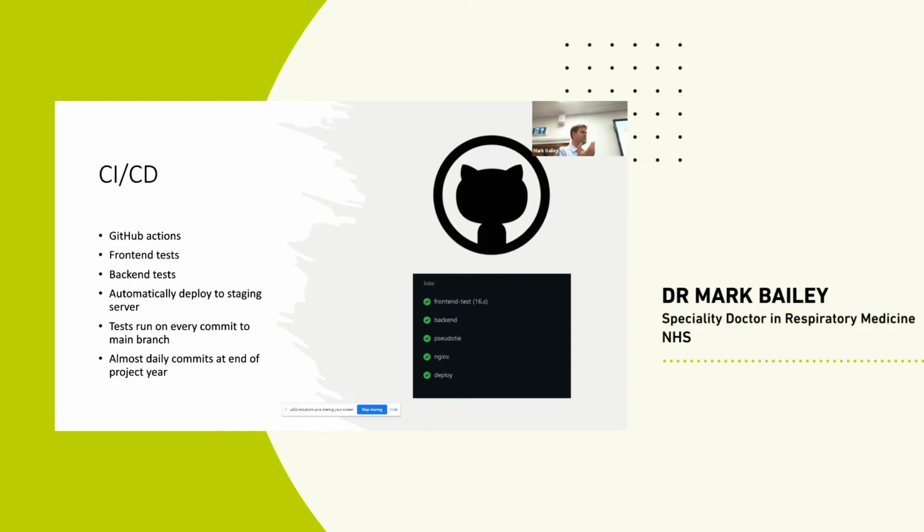Pseudo tie is basically the fake patient data, where we can connect to that, and automatically deploy to the staging server, and then run tests on every commit. And we almost got it running every day, being able to do a CI/CD every day. We're very close. I think it's every 2 or 3 days.